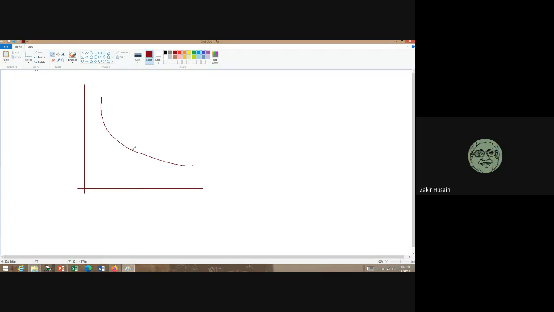Okay, this is a set and we are taking a point like this, x2, x1. Now, what is the better set? The better set is this part.